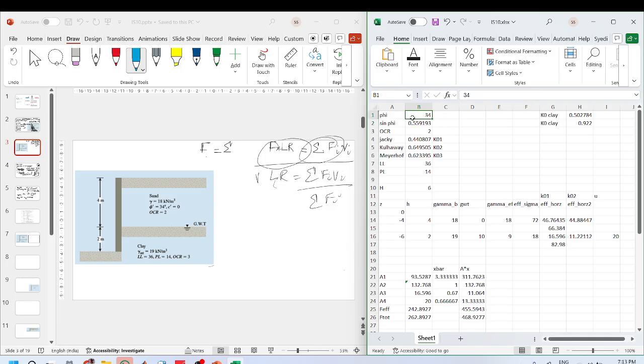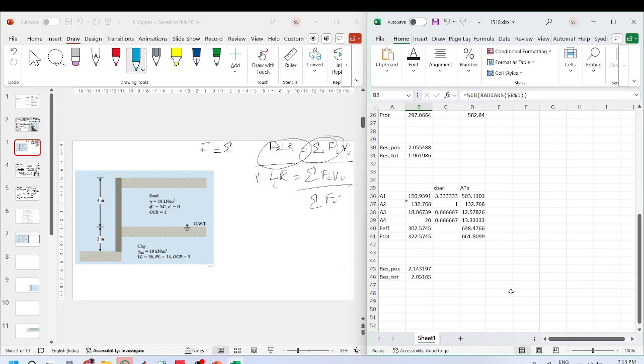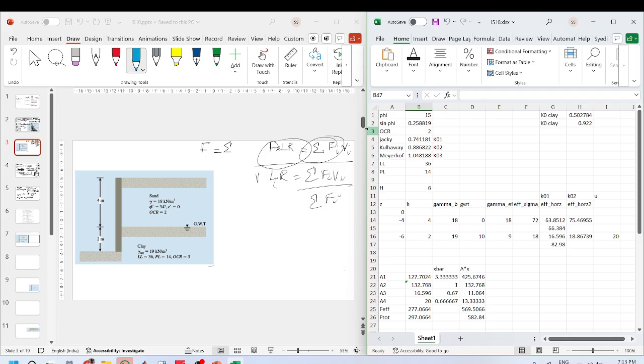But if we change 25 here to 15, then it's 0.25 here, and we will see a greater difference, because this is OCR raised to power sine phi, and that is raised to power 0.5.